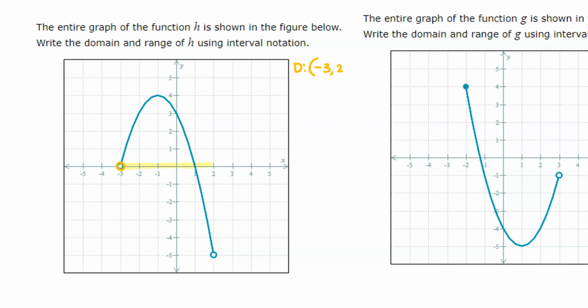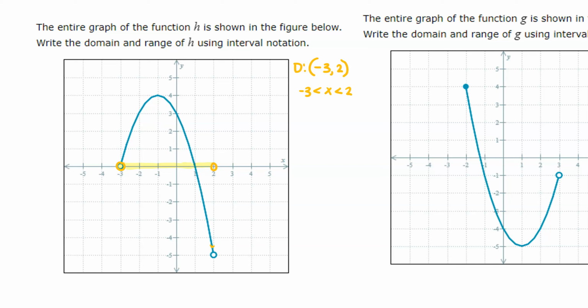And then 2 corresponds to this point here, which is also open. So the interval will be from -3 to 2. Those are the x's that I'm allowed to use. That's like saying x is allowed to go between -3 and +2, but can't be equal to, so we wouldn't put equals.